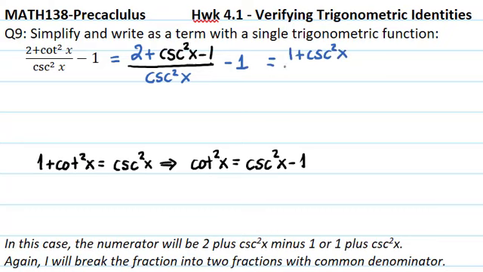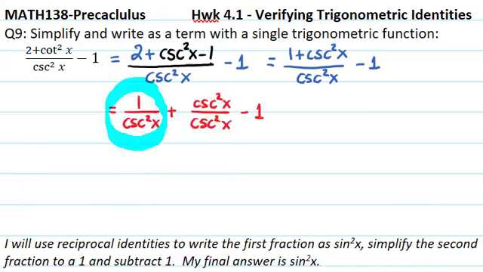And again, I will break the fraction into two fractions with the common denominator. I will use reciprocal identities to write the first fraction as sine squared of x. Simplify the second fraction and subtract the 1, and my final answer will be sine squared of x.